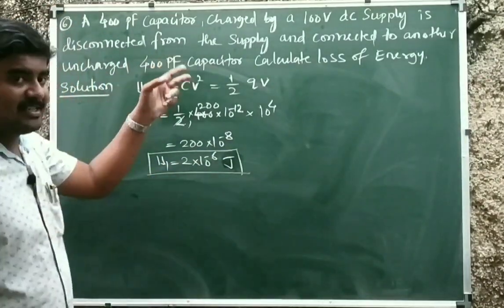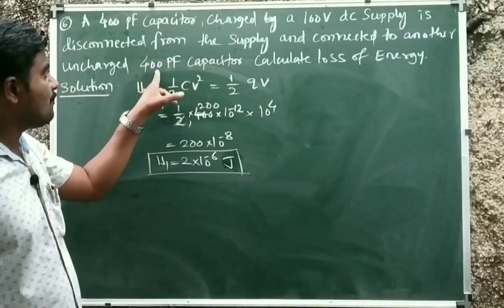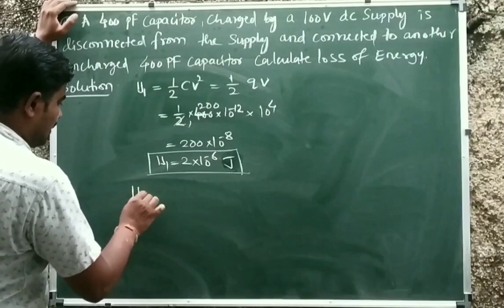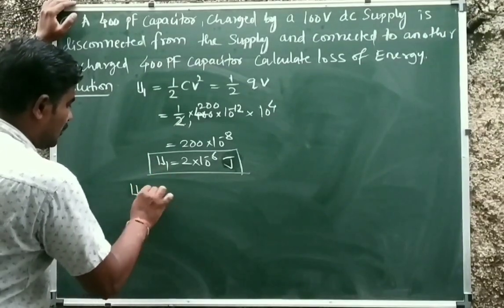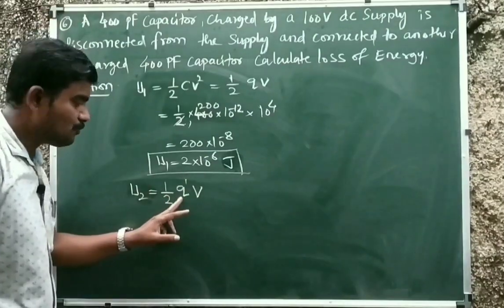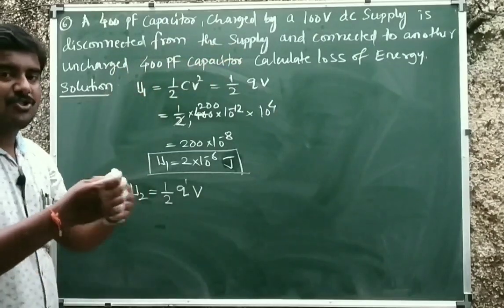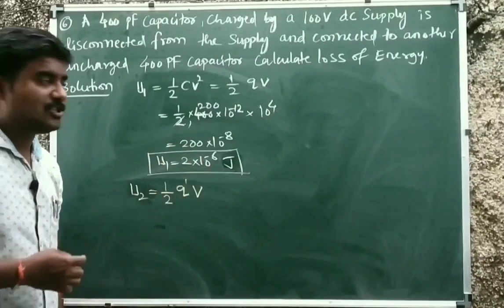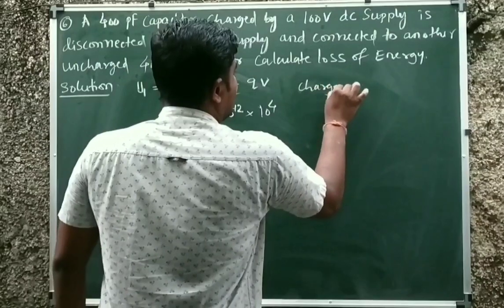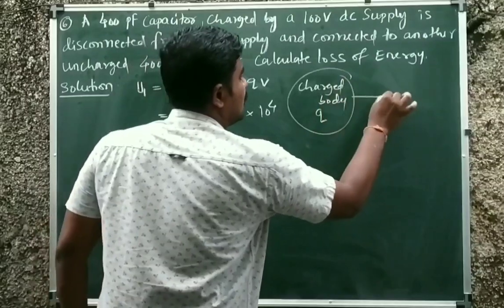Now this charged capacitor is disconnected and reconnected to what? An uncharged capacitor of 400 picofarad. So let us call it U2, equal to 1/2 Q' V, where Q' is the charge. When a charged body is connected to an uncharged body, half of the charges will flow. For example, this charged body has charge Q. Now this charged body is connected to an uncharged body.